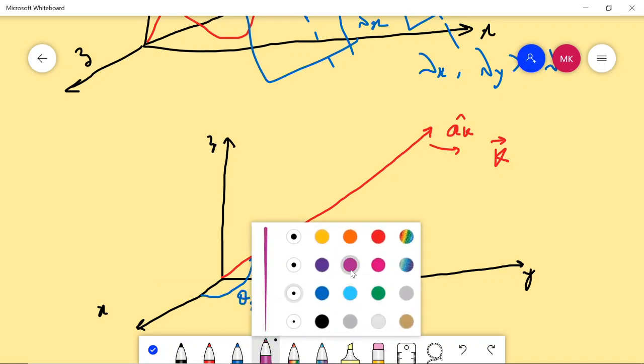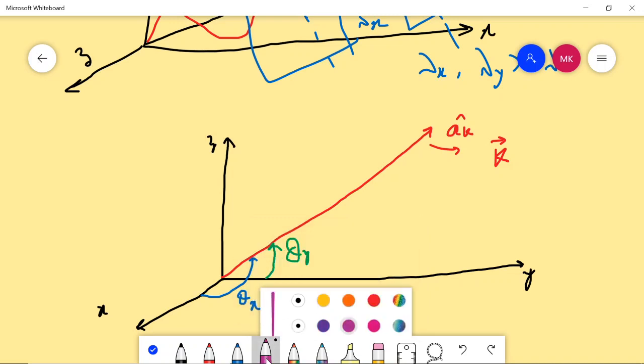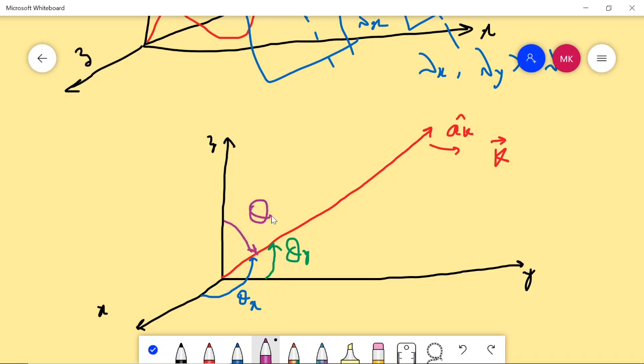Let's take some other one. This will be the theta z. So these are the angles made by this direction ak with the x-axis, y-axis, and z-axis.